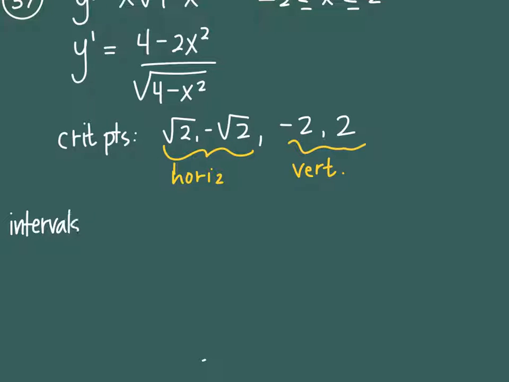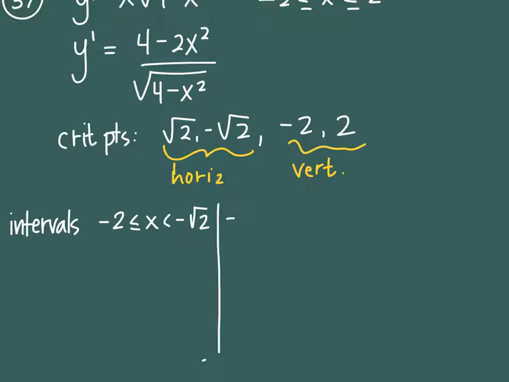Our intervals start with a closed interval. They start at -2 because that's the endpoint. If I'm arranging these in order, what's the next critical point I come to? -rad 2. I do not include -rad 2 in the interval, so that is open.